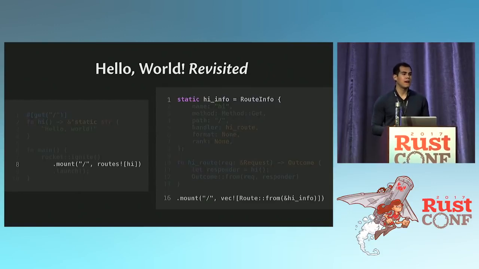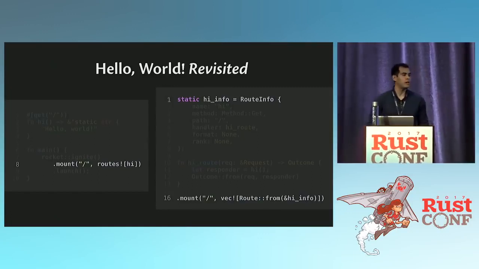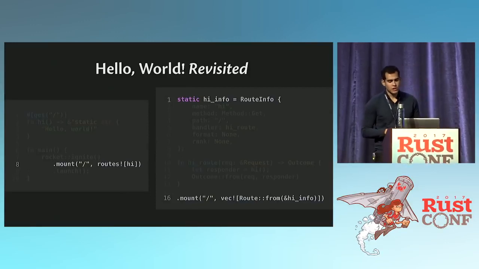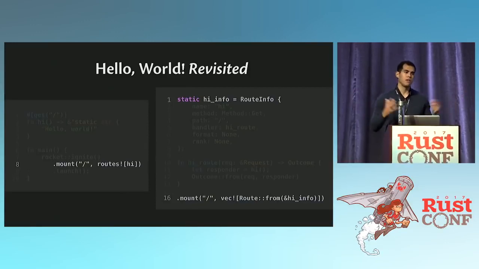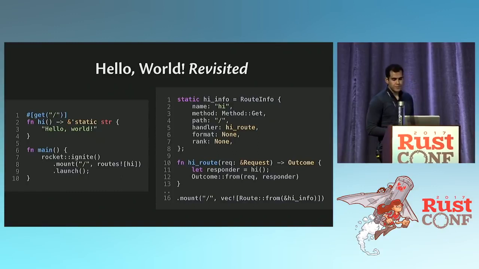And finally, to tie things back together, we have that routes bang macro in the mount. And all we do here is we construct a route from the static information that we generated. So that routes bang becomes a vec, and the vector contains all the routes that you wrote in the routes. And Rocket will do all the name matching necessary to actually make that happen.